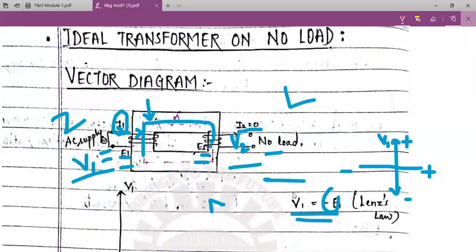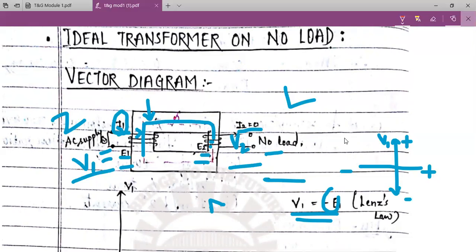They will ask any two questions: either practical transformer on no load or on load, and also the equivalent circuit diagram of the transformer, and OC and SC tests.